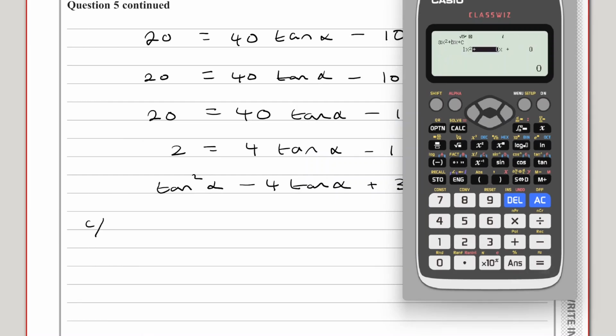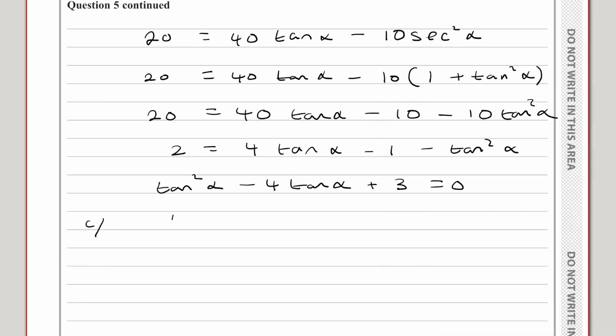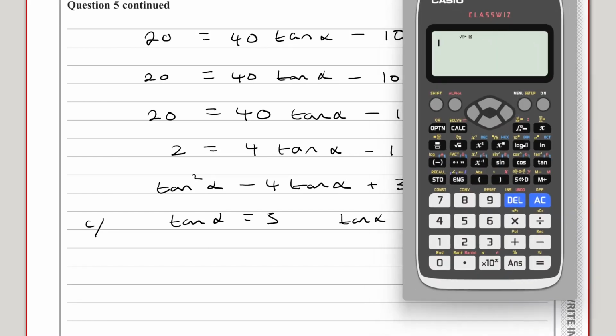So 1, -4, 3. I shouldn't really need the calculator there. So we've got 3 and 1. Tan alpha equals 3. Tan alpha equals 1. So we'll shift tan both of them.